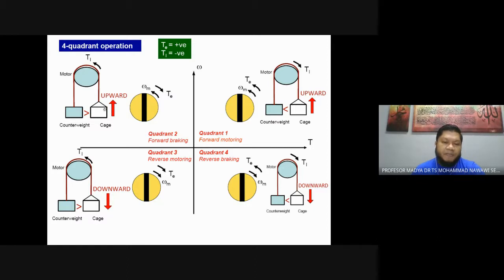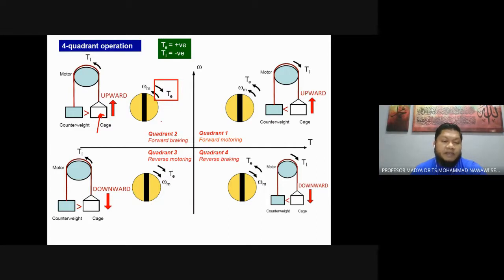The cage is going upward, right, and the motor is rotating in that direction. If you want to brake it, you have to apply a negative torque, so that the cage, the lift, will slow down. So you apply a negative torque to your motor.